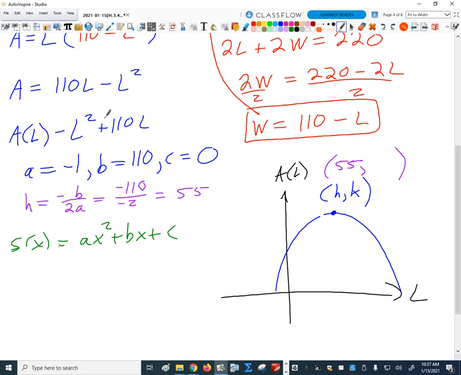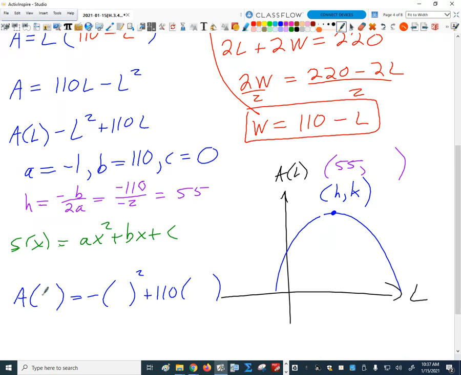There's my function right there, isn't it? So I'm just going to do A of 55. There's my function, right? Whatever my input is, I'm going to take negative that squared plus 110 times that.